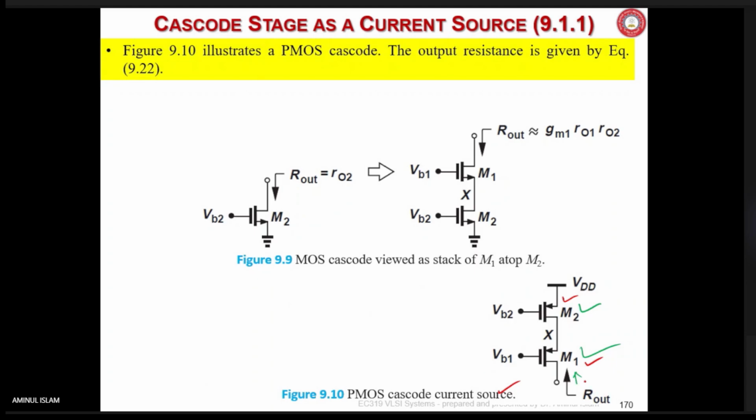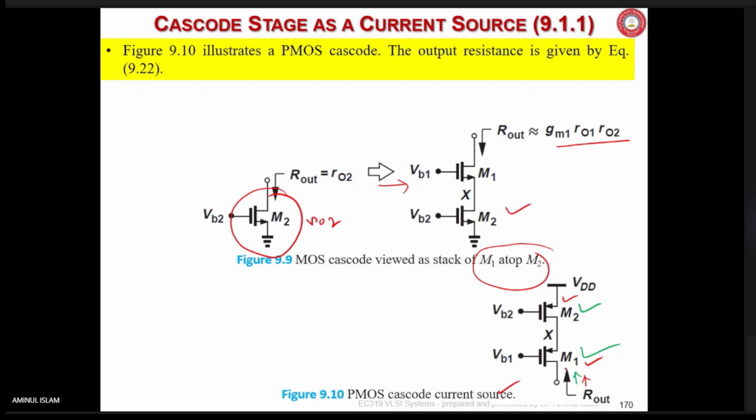So our outlook in this way will be the MOS cascade viewed as a stack of M1 and M2, which we have already discussed. This is the resistance, actually RO2 here. And if you have stacked one above the other, then you get this one.